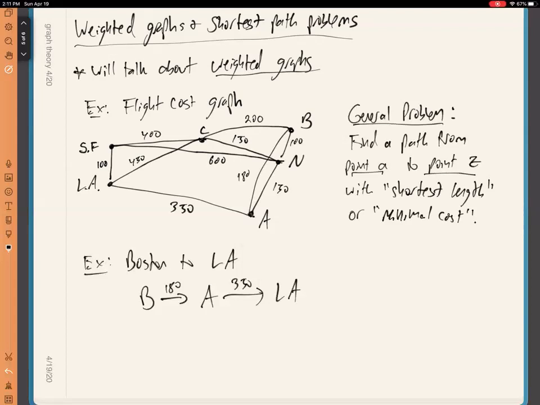And so the total cost in this case, if I add these up, is $530, right? So it costs $530. Well, you can check that if you look at other paths, then every other path is going to cost strictly more, right? So this turns out to be optimal in this picture.